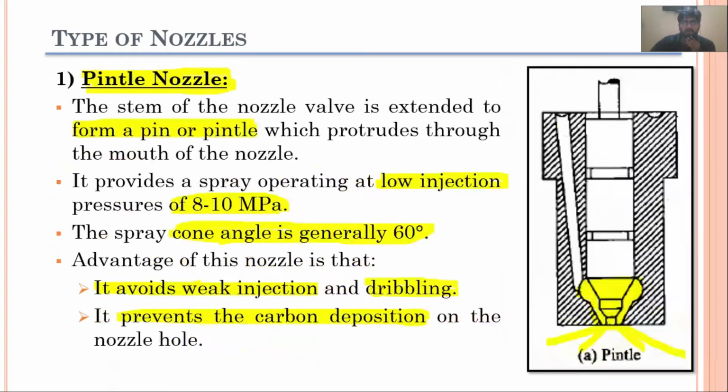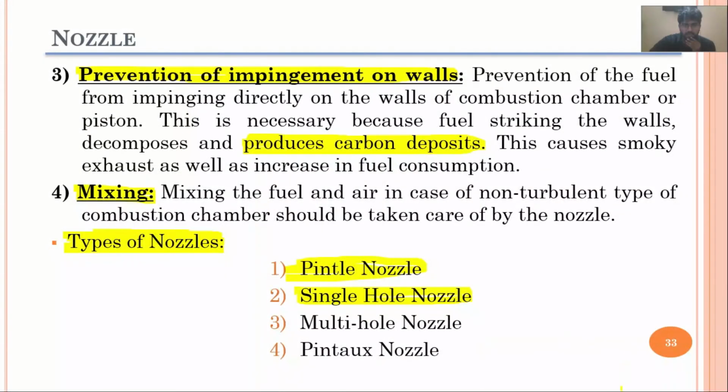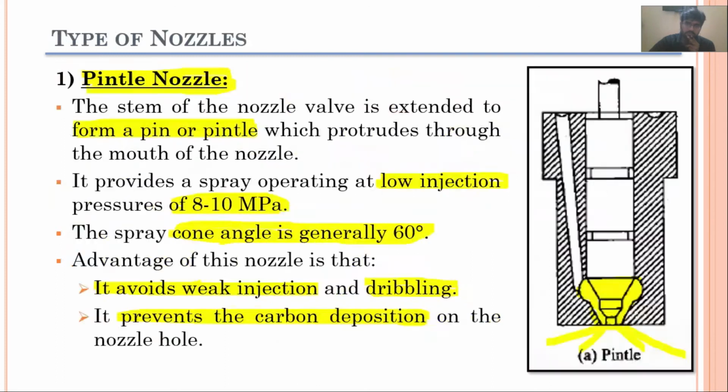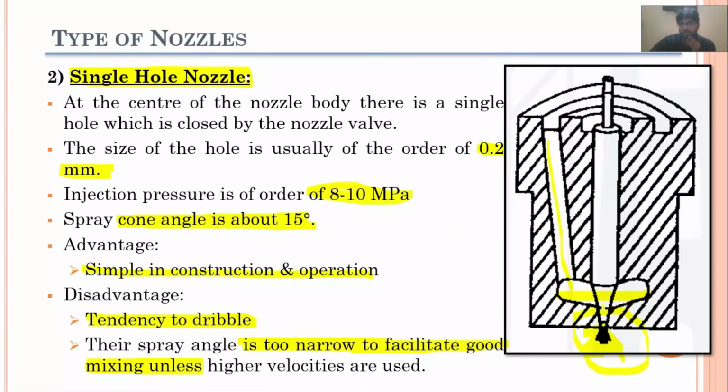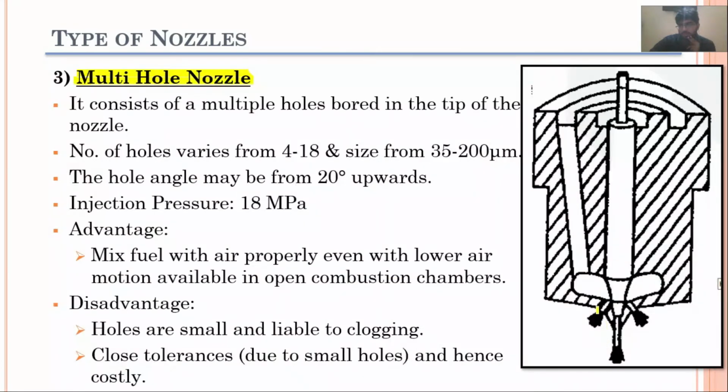Now moving forward towards the third type, and that is the multi-hole nozzle. Multi-hole nozzles are just like the single hole nozzle, but instead of having a single hole, we have multiple holes here.